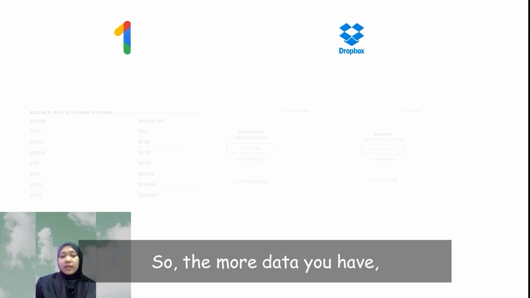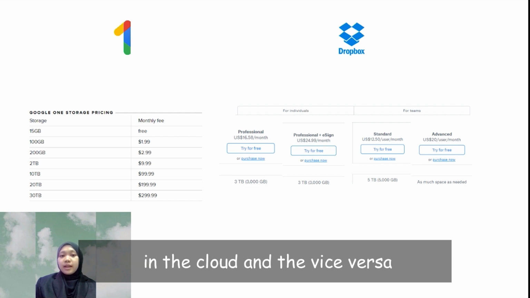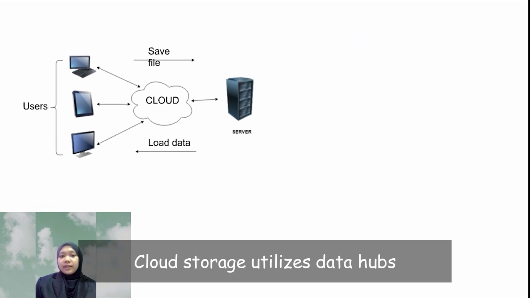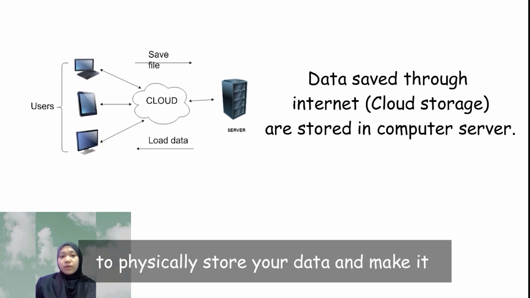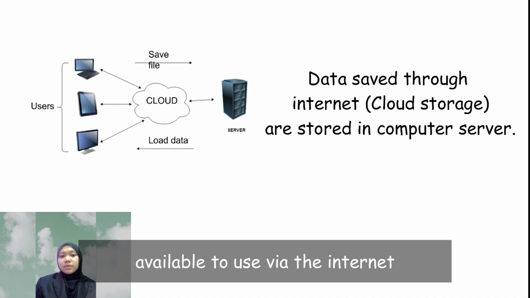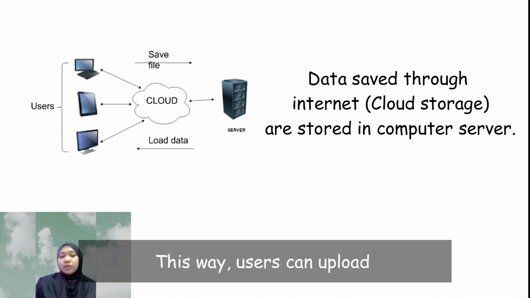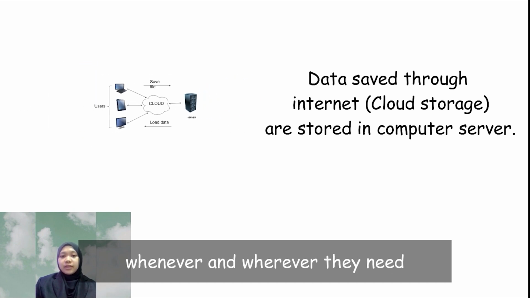So, the more data you have, the more you have to pay to keep it stored in the cloud, and vice versa. Cloud storage utilizes data hubs with large computer servers to physically store your data and make it available to users via the internet. This way, users can upload and retrieve their files remotely whenever and wherever they need.